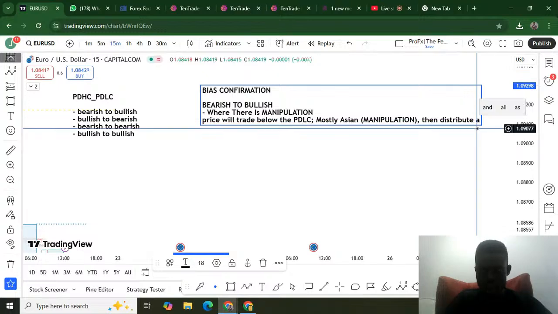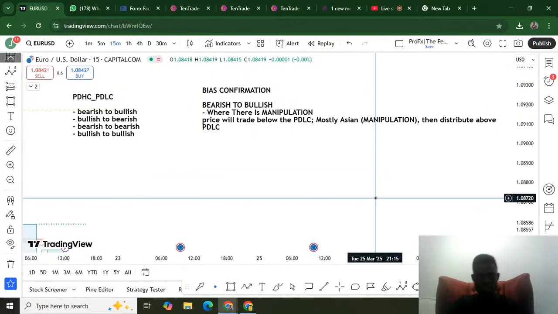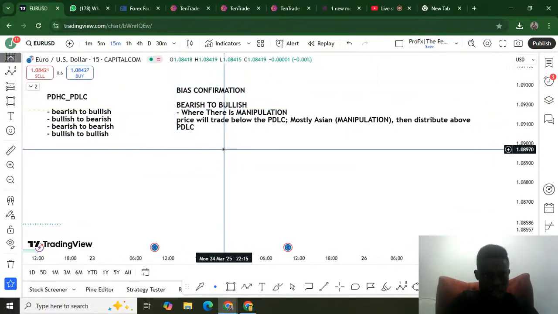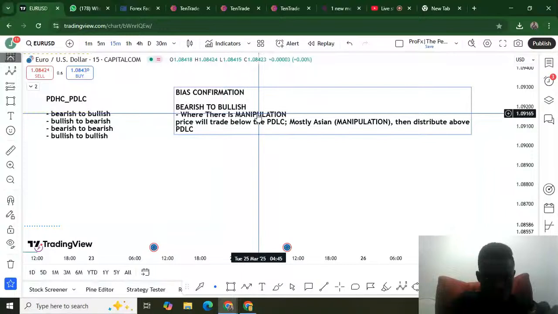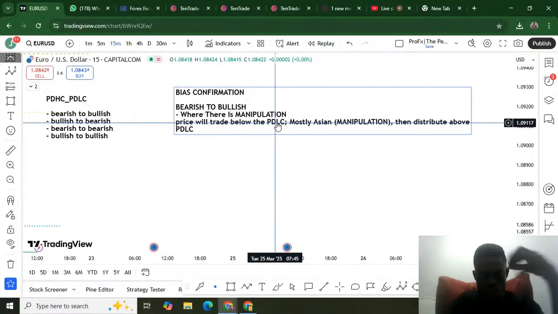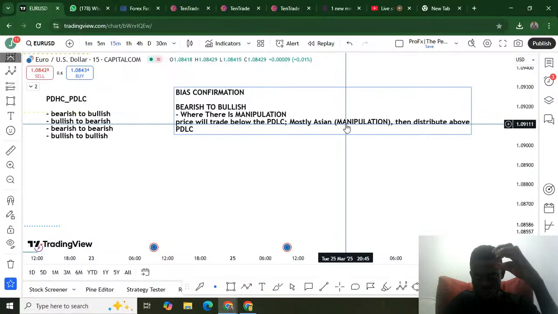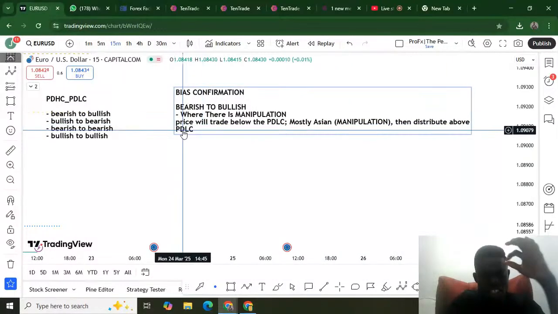Then distribute above what, previous day low and close. This is a perfect example. I will show us chart example, no doubt. Okay, now where there is manipulation, price will trade below the previous day low and close, mostly Asian manipulation, then distribute above previous day low and close.